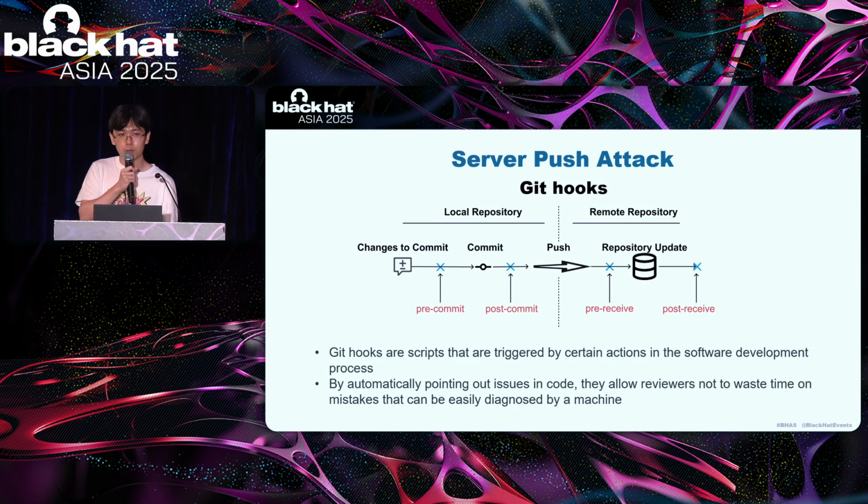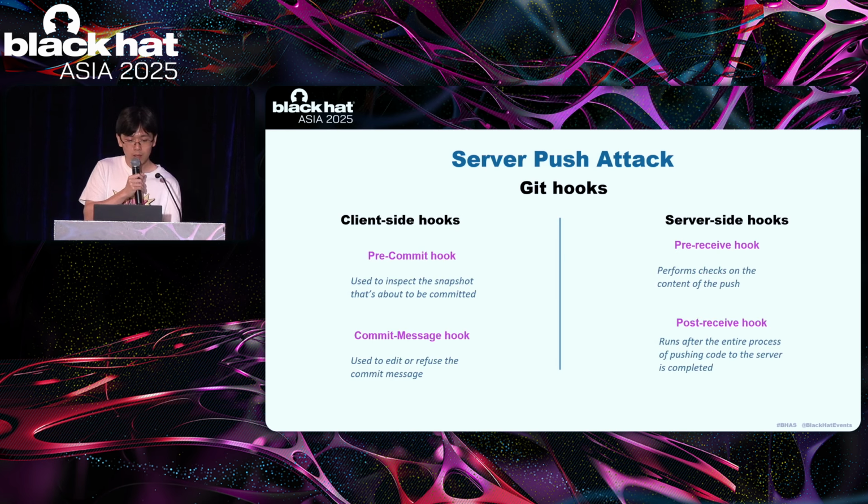I will first introduce the concept of Git hooks. Git hooks are scripts that are triggered by certain actions in the software development process. By automatically pointing out issues in code, they allow reviewers not to waste time on issues that can be easily diagnosed by a machine. Git hooks can be divided into client-side hooks and server-side hooks.